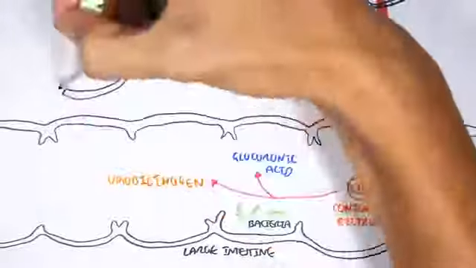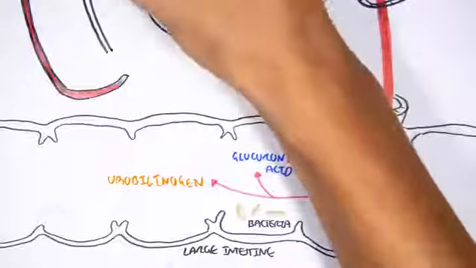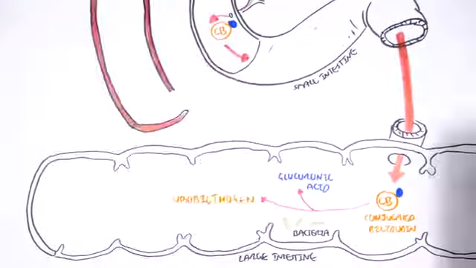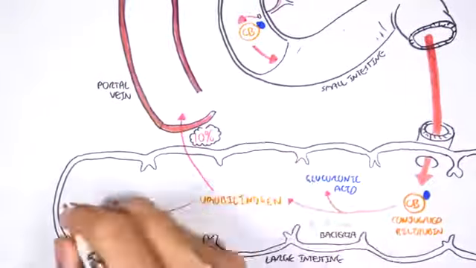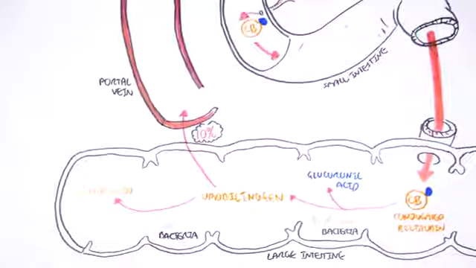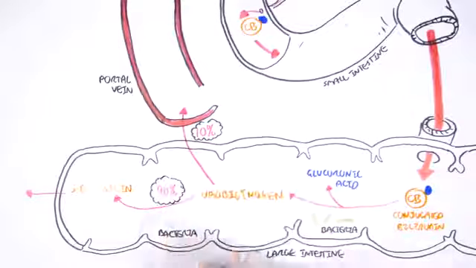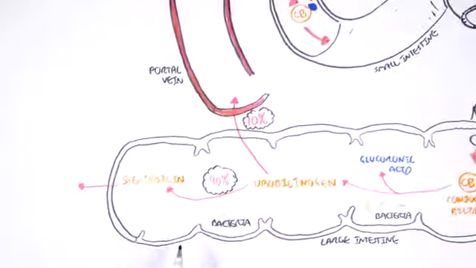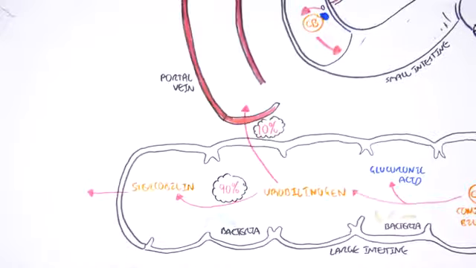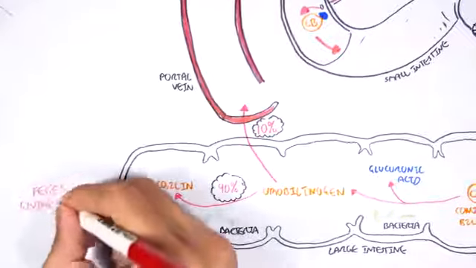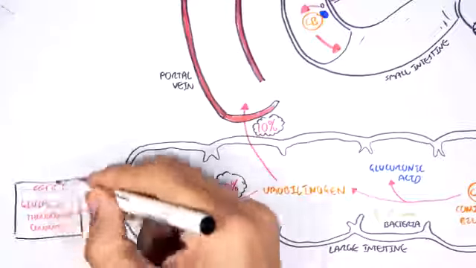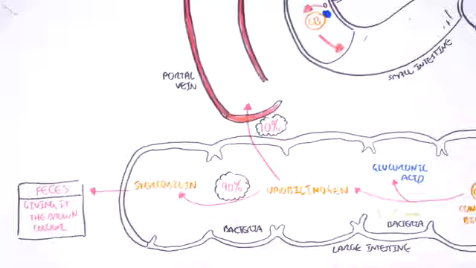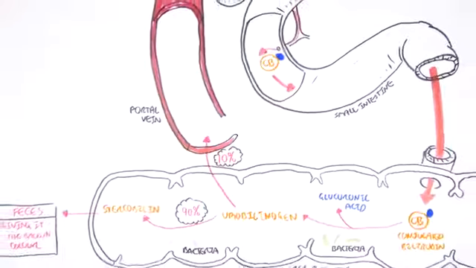About 10 to 15% of urobilinogen is reabsorbed by the blood and bound to albumin. The remaining 85 to 90% of urobilinogen is quickly oxidized by other intestinal bacteria to form stercobilin, which has a brown colored pigment. And the stercobilin will then be excreted by the body, giving feces its brown color.